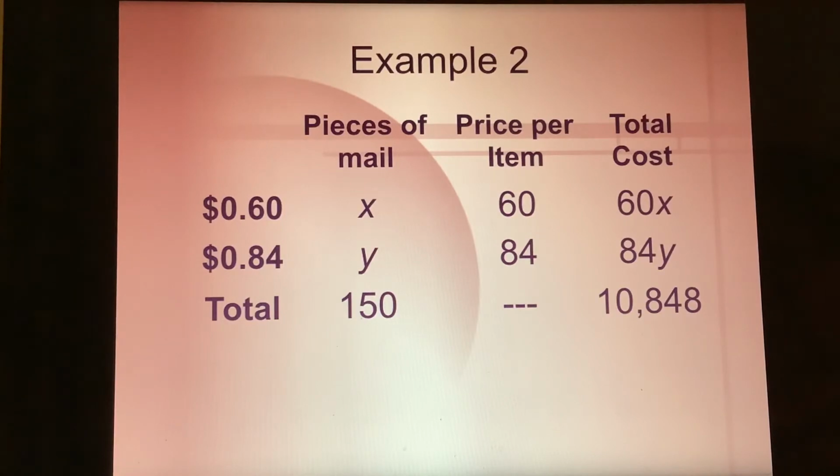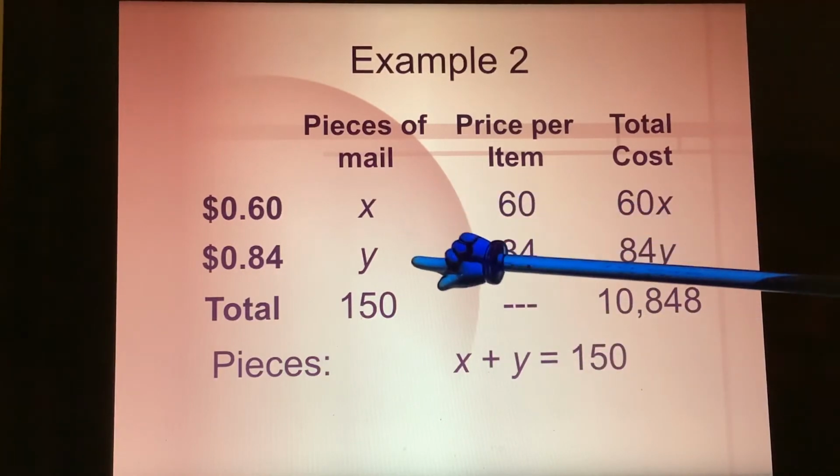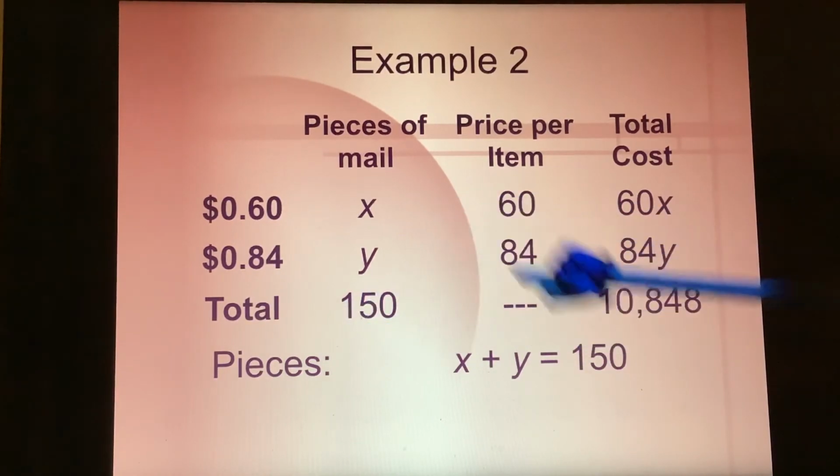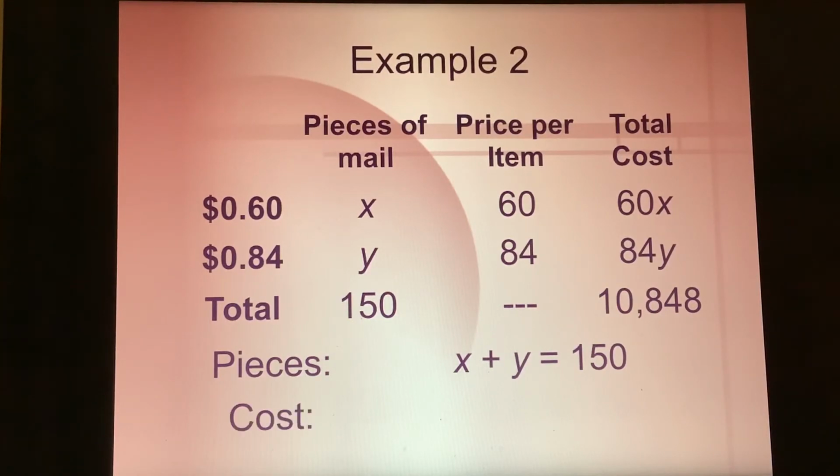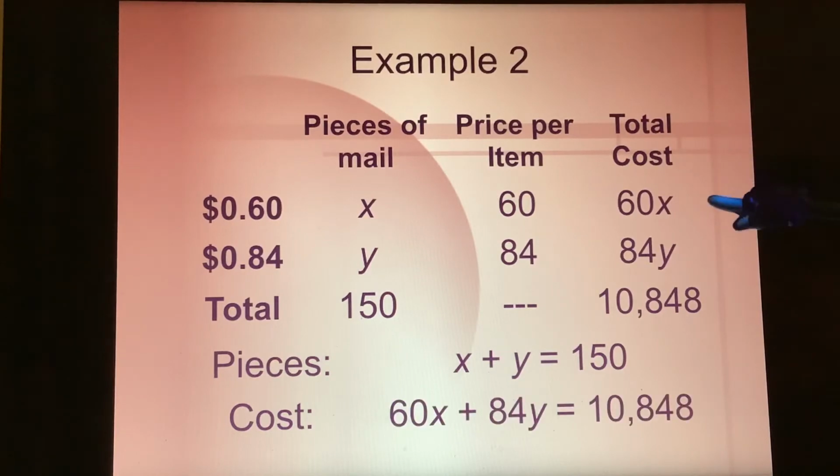If you take the pieces, we have X plus Y. The total number of pieces is 150. Then we take the cost. The total cost here now is 60x plus 84y is equal to 10,848.